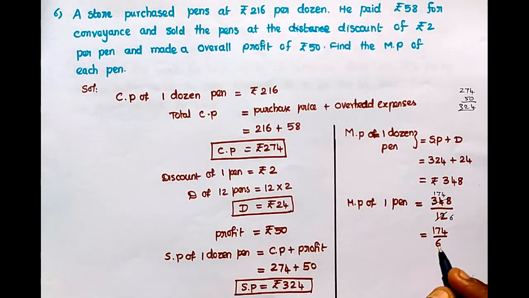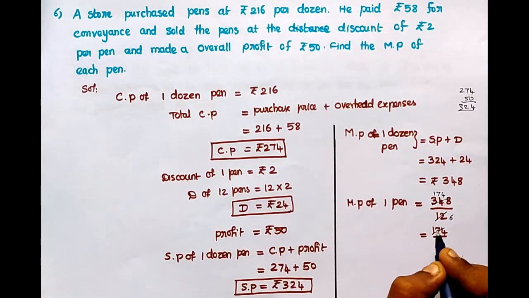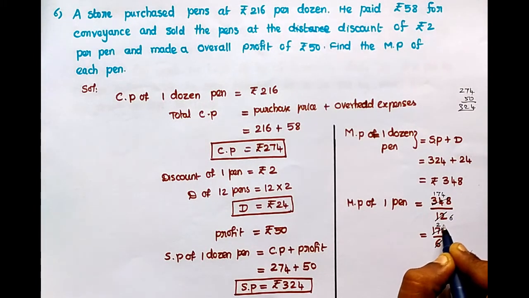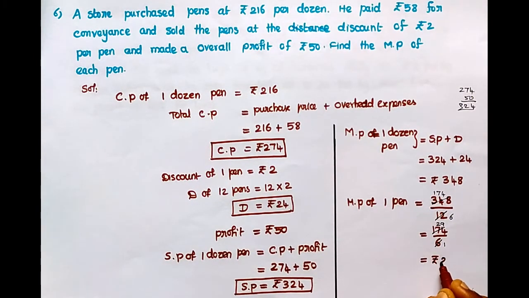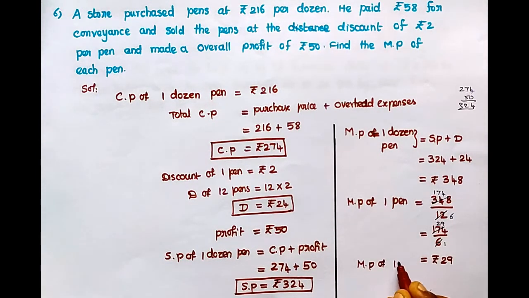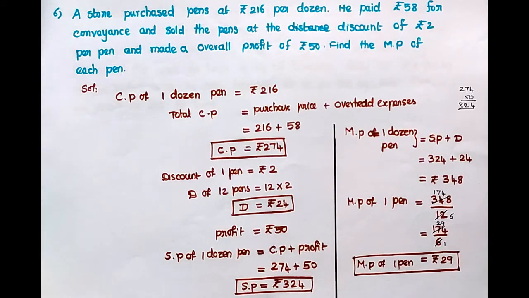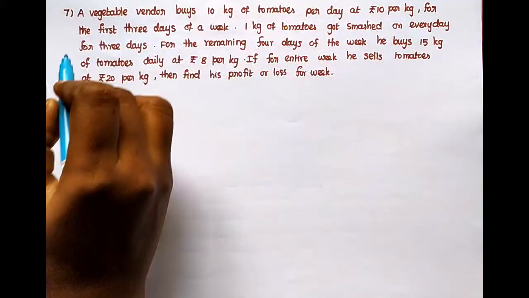Now again cancel by 6th table. 1 6 is 6. 2 6 are 12. Balance 5. 54 it becomes. So 9 times. So 29 rupees. That is the mark price of 1 pen. That is the answer.